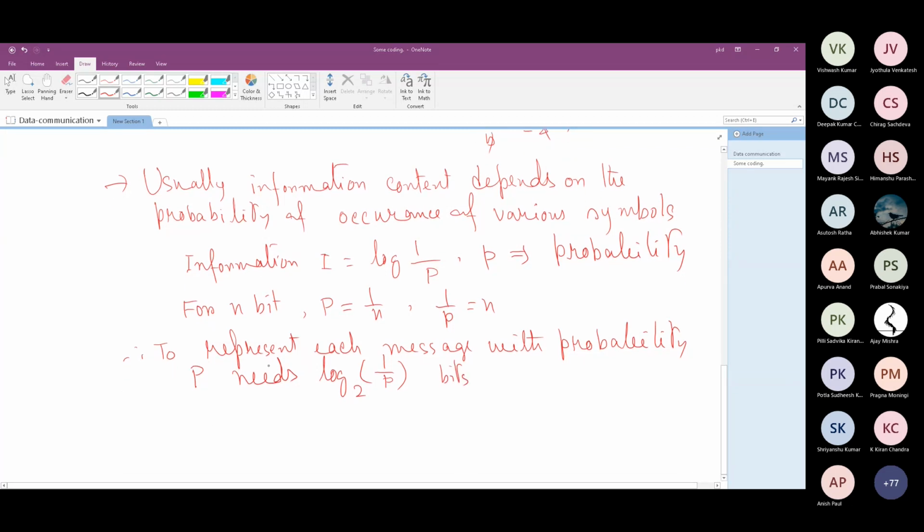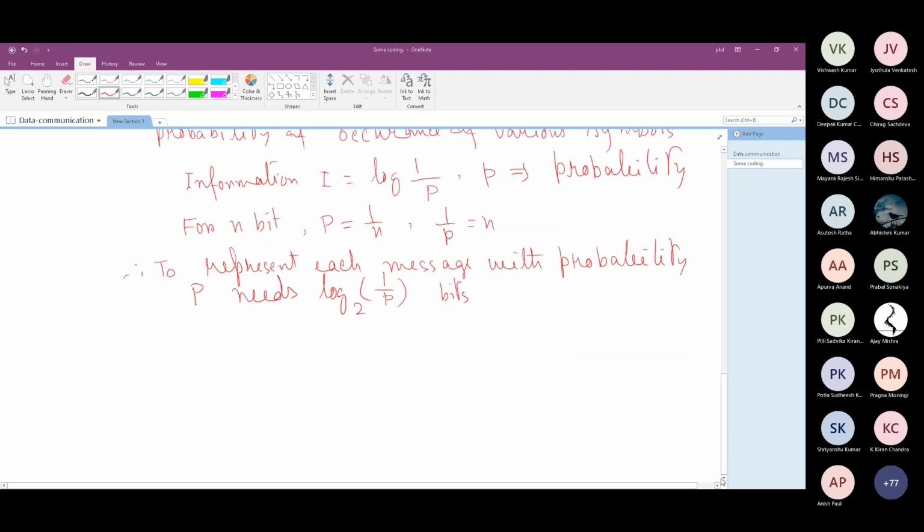This is the ultimate requirement. Usually the coding schemes generally cannot reach this. They reach this level as close as possible, and that way we call it the coding efficiency. So for a binary system, this is I equal to log 1 by P to the base 2. This is for a binary system.